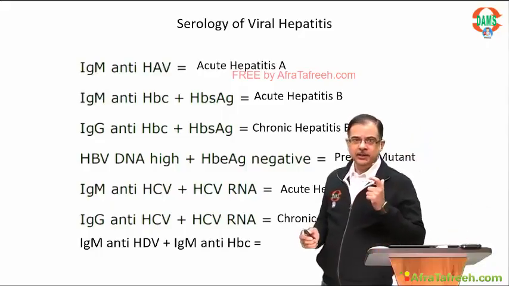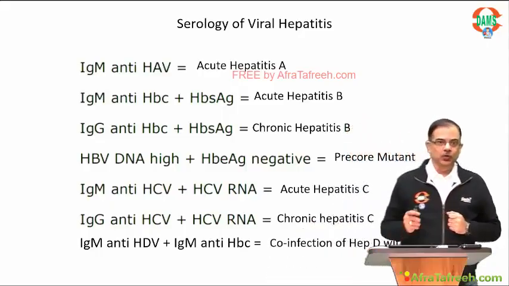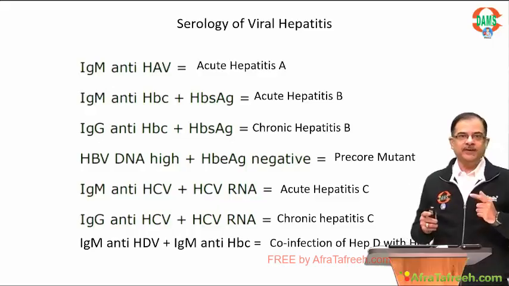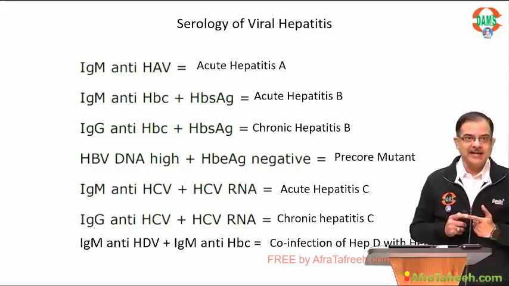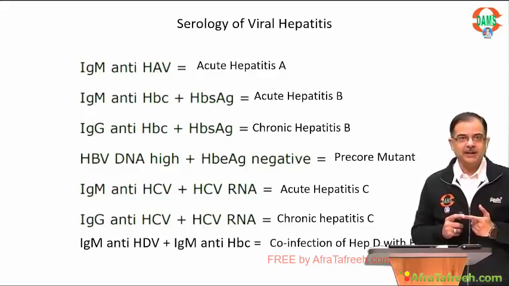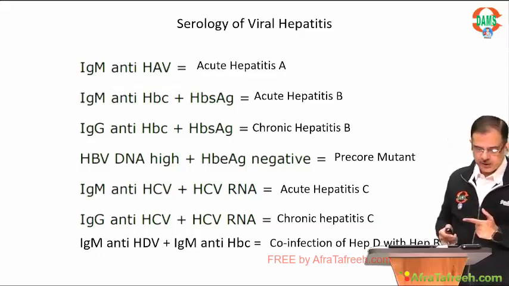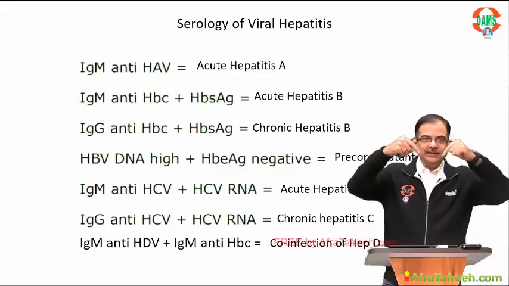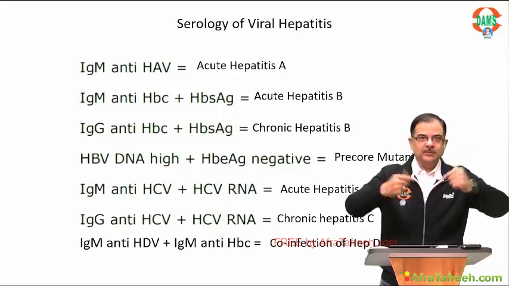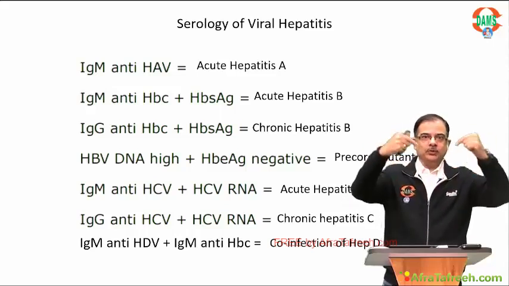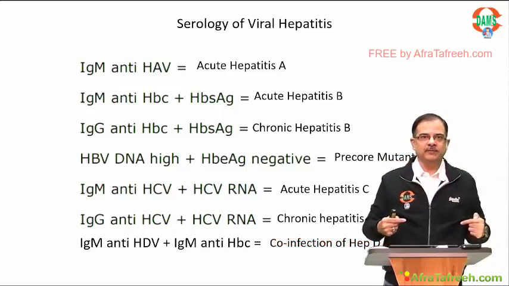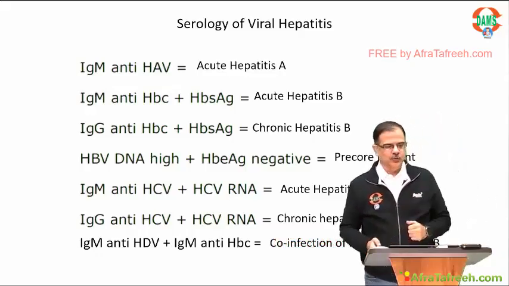This will be a case of co-infection. This is a co-infection of hepatitis D with hepatitis B. Co-infection, because both are coming into the body at the same time, both are acute, both are IgM positive. Yes, this is co-infection.